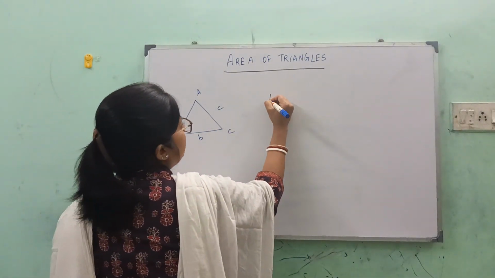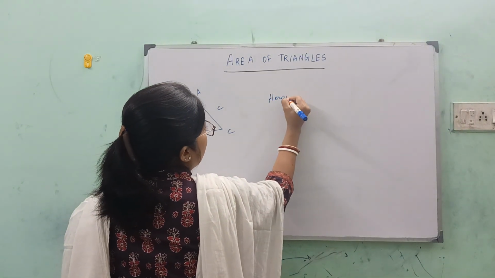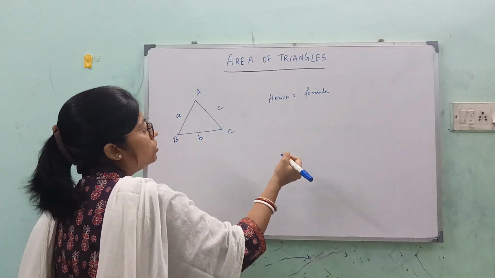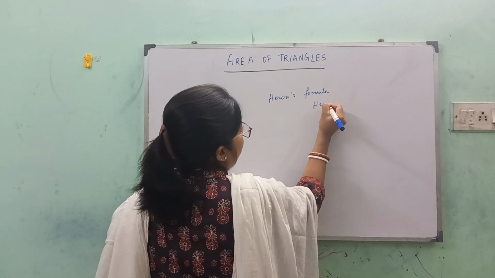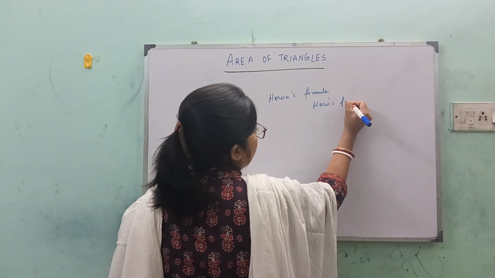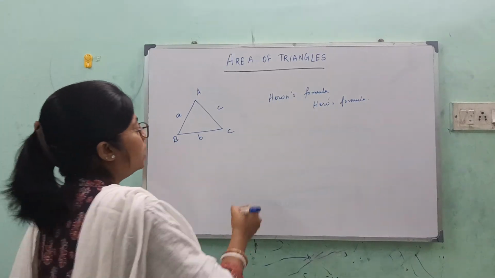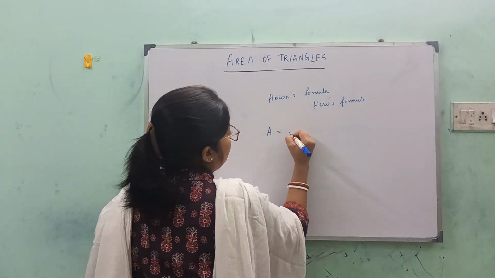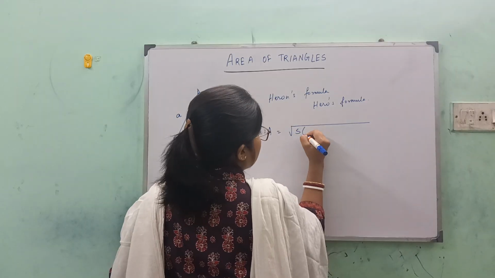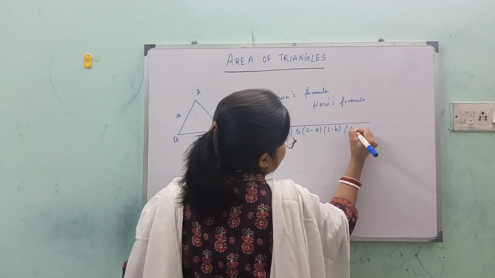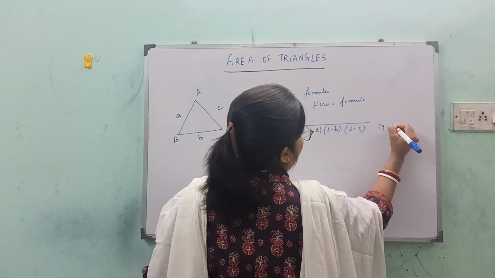So for this, we will be using a formula named Heron's formula, and in some textbooks you will also see this as Hero's formula. So it refers to the same formula. According to this formula, the area will be equal to square root of S into S minus A, S minus B, S minus C square units.